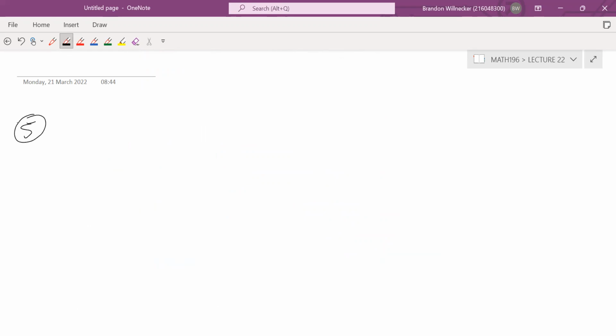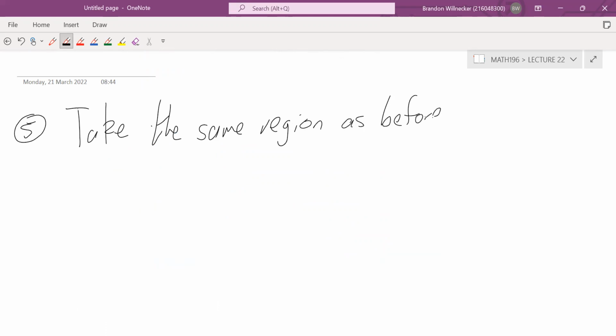We're going to take the same region as before and rotate around x equals -1.